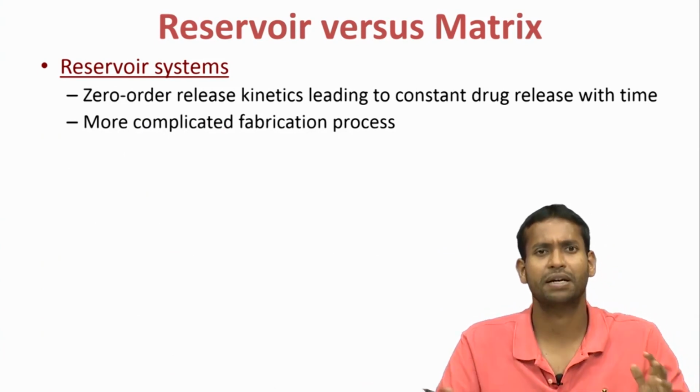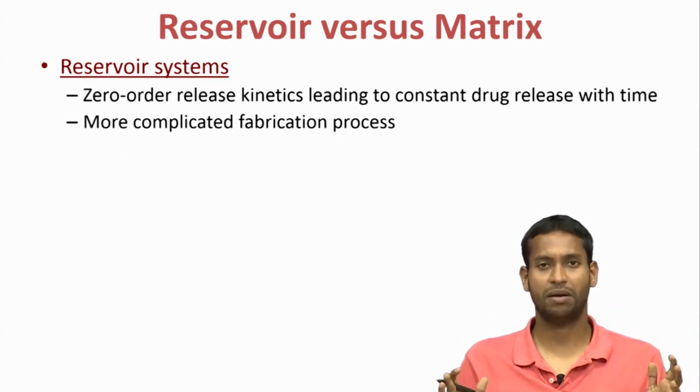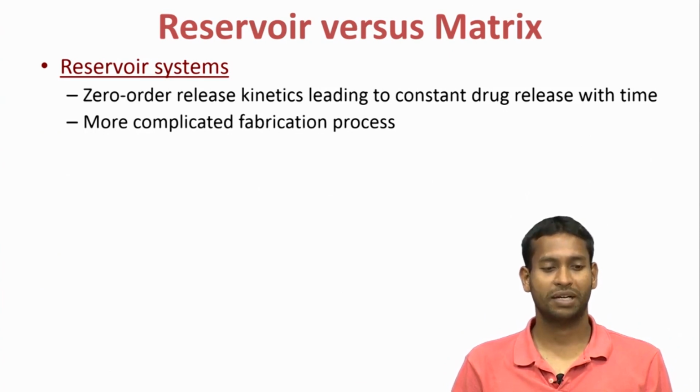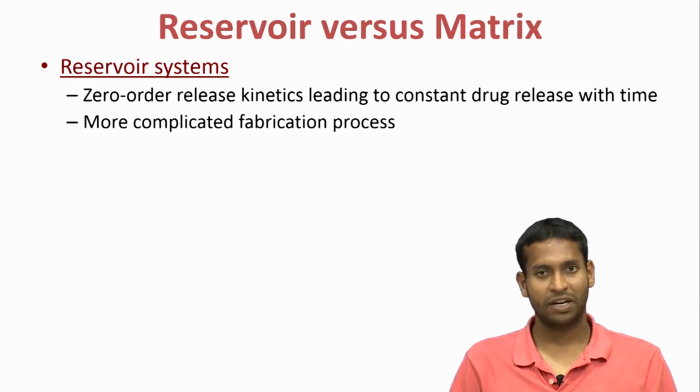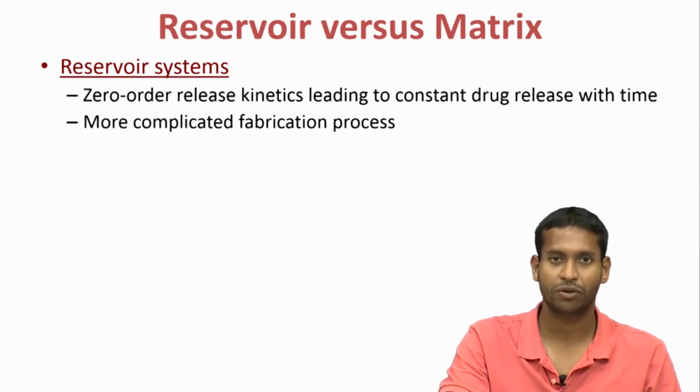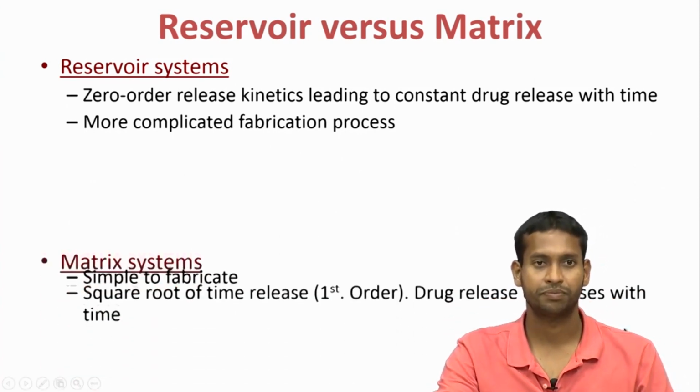So, let us just compare how the reservoir system stacks up against the matrix system. In a reservoir system you can get 0 order release kinetics, a very constant release rate over time, but the fabrication methods are more complicated compared to, let us say, a matrix system.